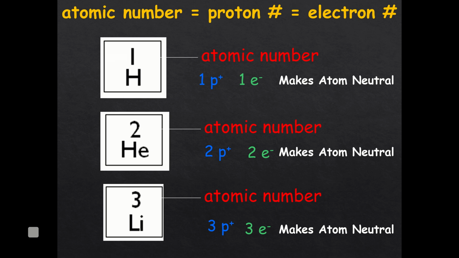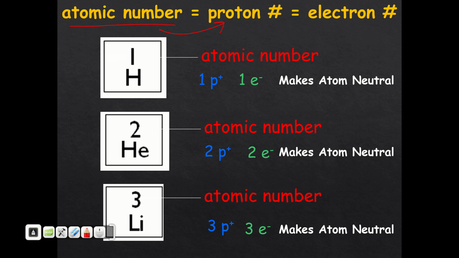Just letting you look at that for a second. Again, they're getting the atomic number from the periodic table. That's the protons, and then the electrons are equal to it. Now, one thing I will say is the definition of the atomic number. The atomic number is the number of protons.